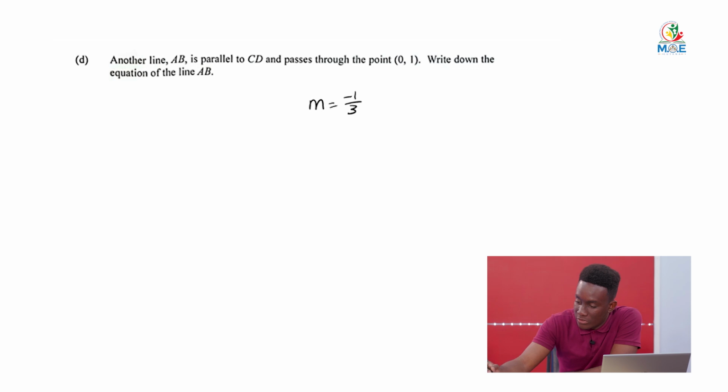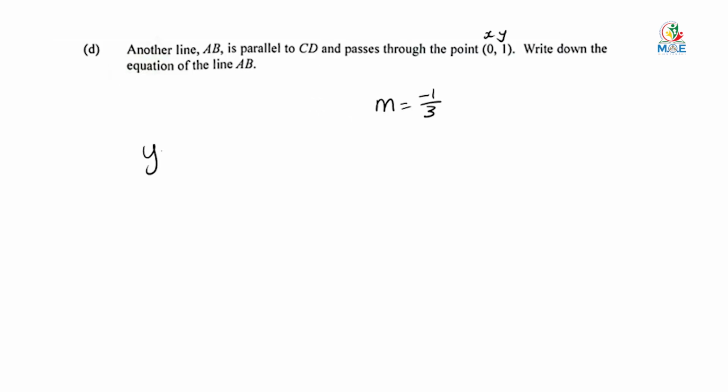And we also have the point that the line passes through. So this would be x, this is y. To find the equation of AB, we say it's y equals mx plus c. So we know y would be 1. So 1 equals m, which is negative 1 over 3, times x, in this case 0, plus c. 1 would be equal to, so anything times 0 is 0.